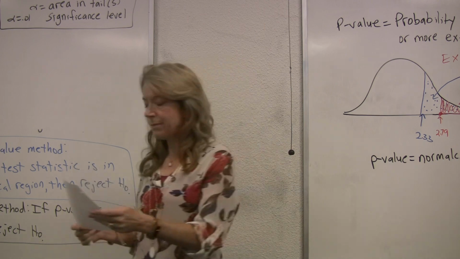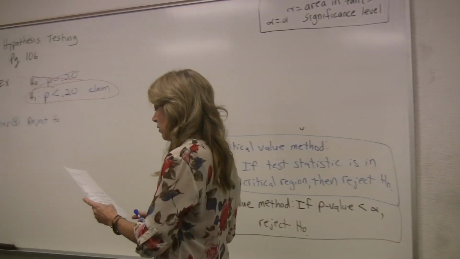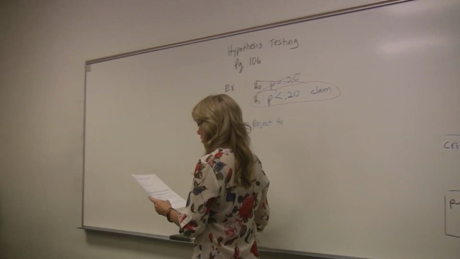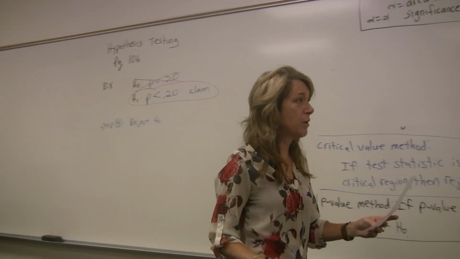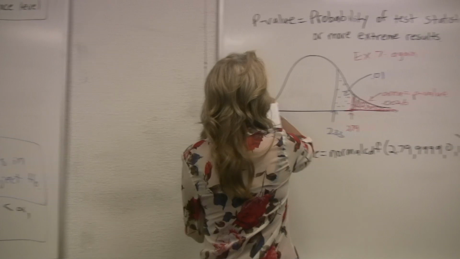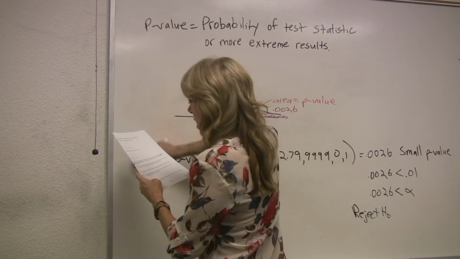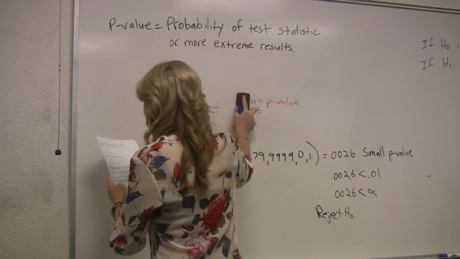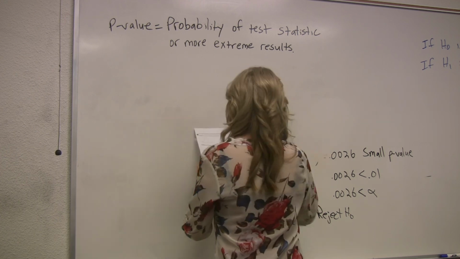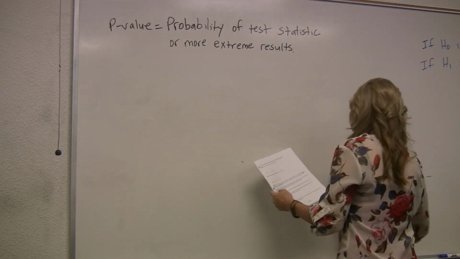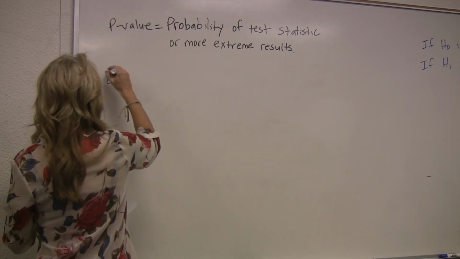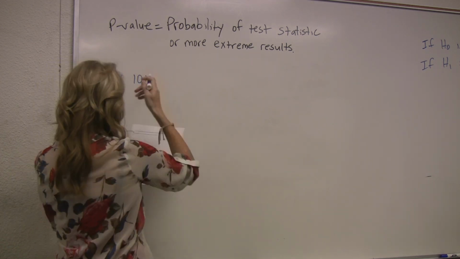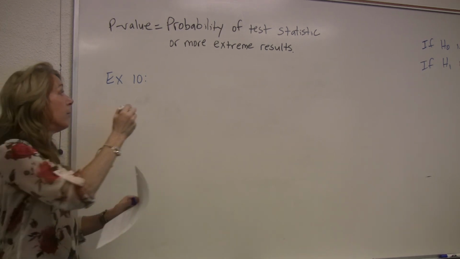Okay. Let's do example 10 and write our own conclusion. The original claim was that the percentage of non-smokers exposed to secondhand smoke is 41%. And there was a decision to fail to reject the null. We want to write the conclusion. So again, I want to write the symbols first. What was the original claim?